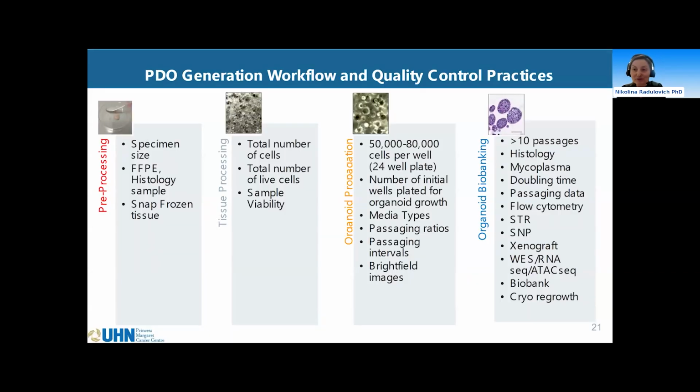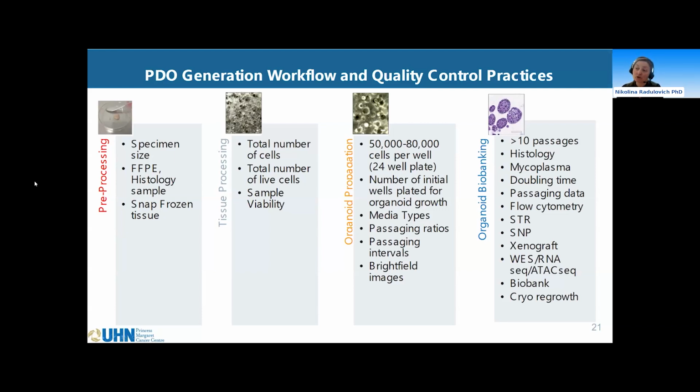So now that we know what we defined as a model in our hands, the following is the workflow that we actually follow from receiving the tissues to generating these organoids to biobanking them. You can see that we collect a large amount of data at each of these steps, and that's all properly documented. So we can go back and calculate our success rates, and we can troubleshoot and develop our protocols a little bit better.